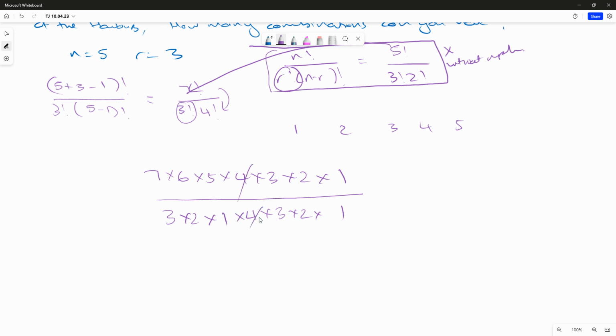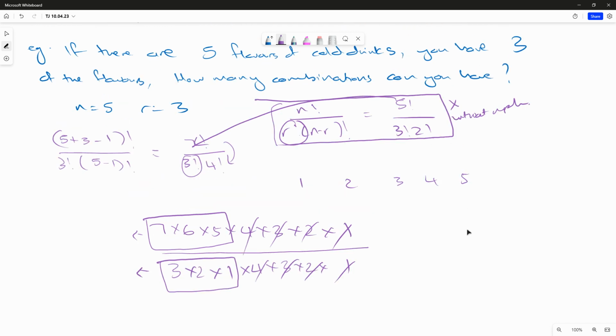And we're noticing that those cancel out like that. So you end up with 7 times 6 times 5 divided by 3 times 2 times 1. Does that maybe possibly explain how we're choosing, if there are 5 flavors of cold drinks, 3 flavors from the 5?